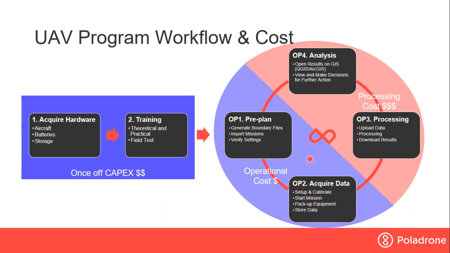Once you take all the photos, this is where the processing cost comes into play, where you need to use the software to stitch all the photos together and make it into a result you can act on. This part is quite costly because you need powerful workstations, a software license, people who know what they are doing, and also a server to store all the information. So this is basically the overall workflow.